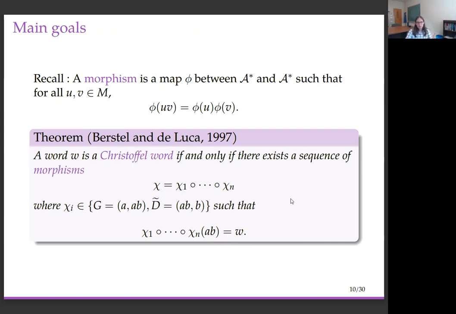Most of the time you won't see the result stated like this, but there are a lot of ways to construct that sequence of morphisms, and they are really well known.